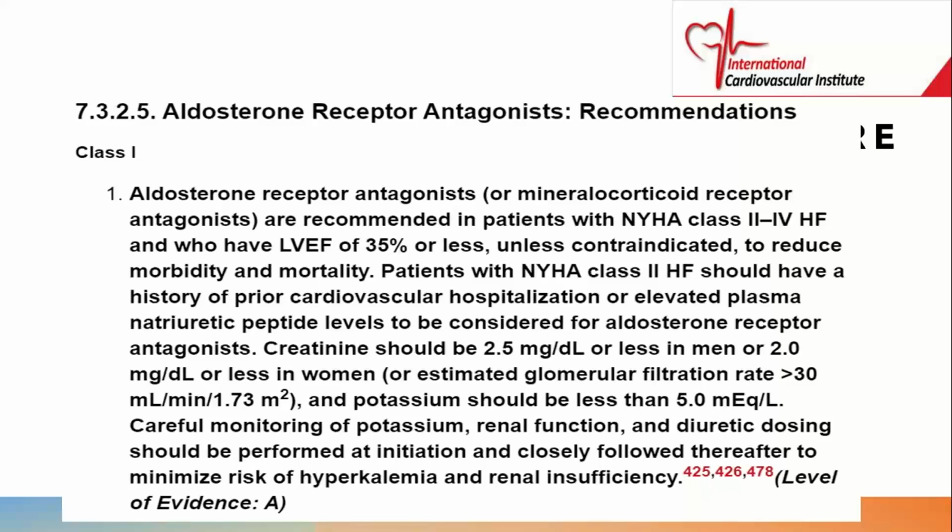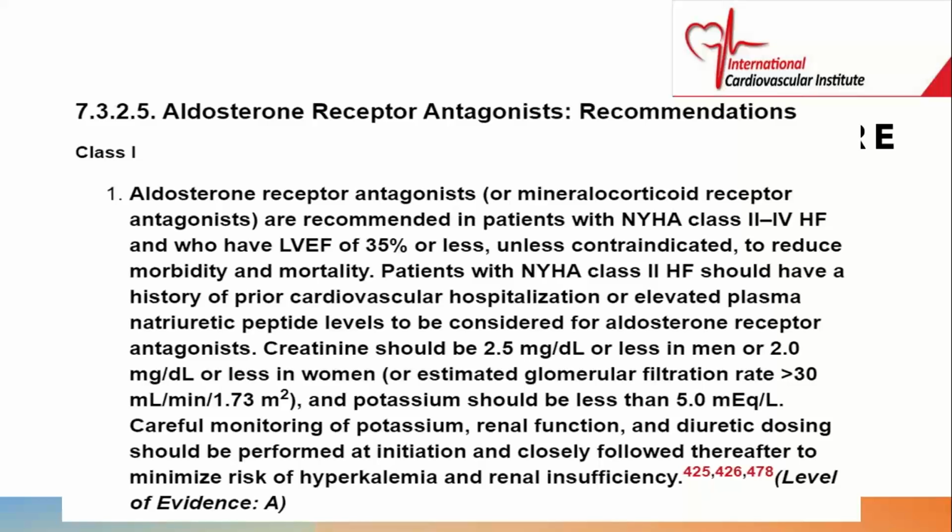Okay, so we'll just wrap up with aldosterone antagonists. Now, aldosterone antagonists are very effective, and this medicine reduces the compensatory mechanism that occurs in patients with heart failure.